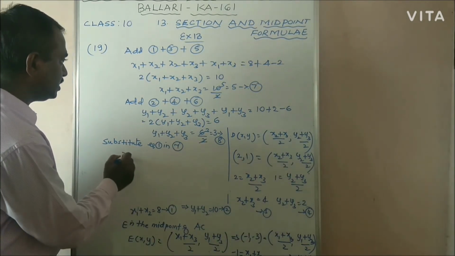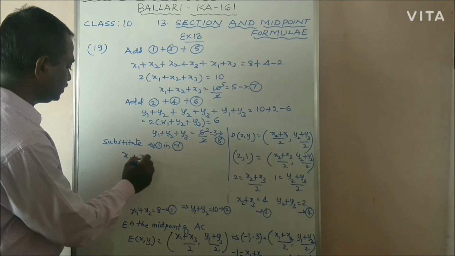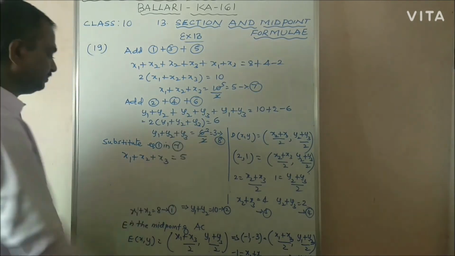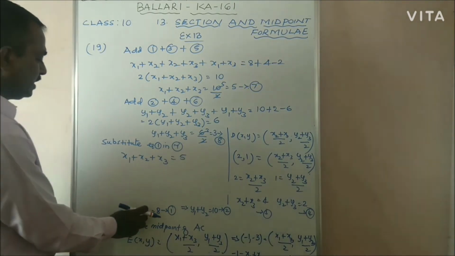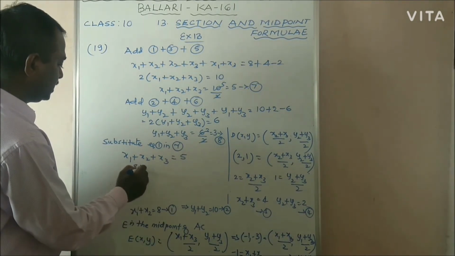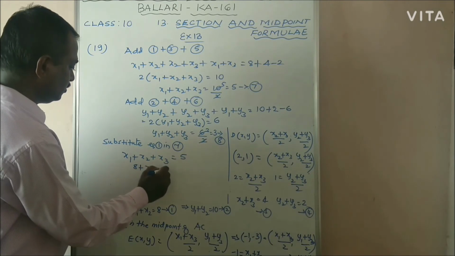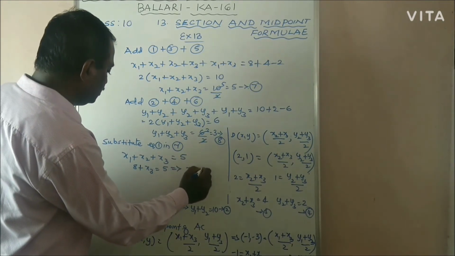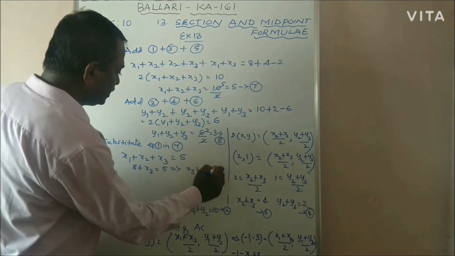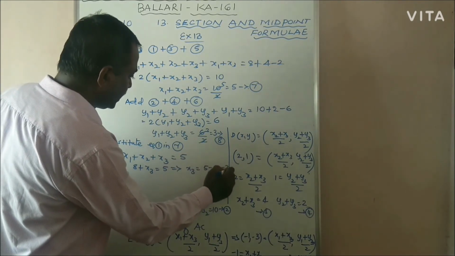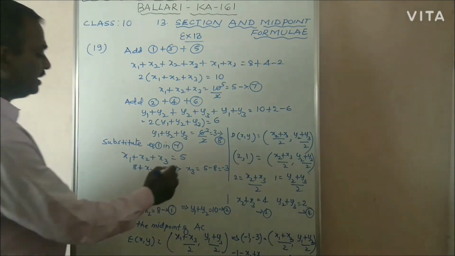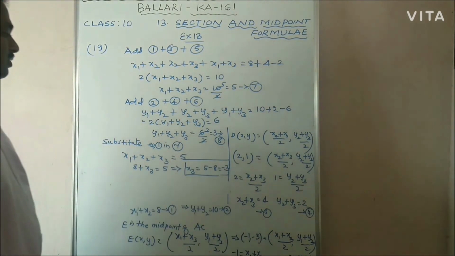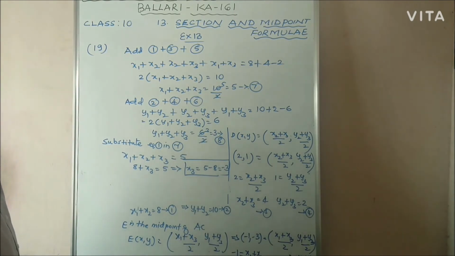This equation 7 is x1 plus x2 plus x3 is equal to 5. So x1 plus x2 value is already there: 8 plus x3 is equal to 5. This implies x3 is equal to 5 minus 8, that is equal to minus 3. We got the x3 value. Correct?